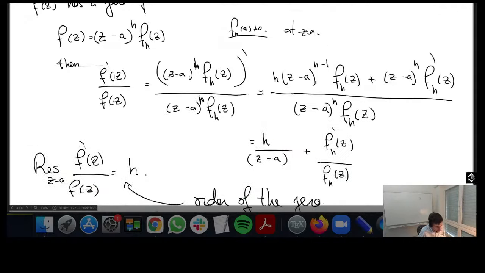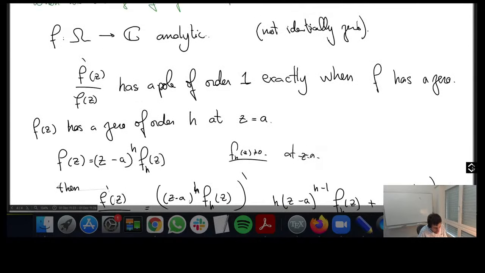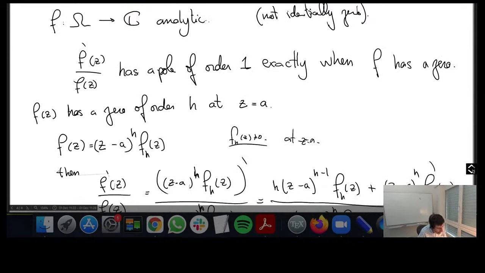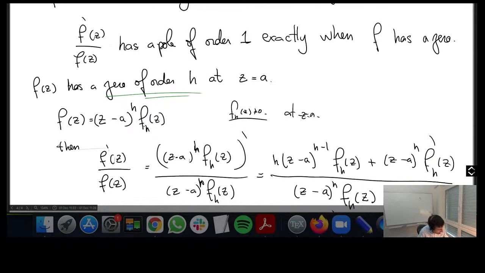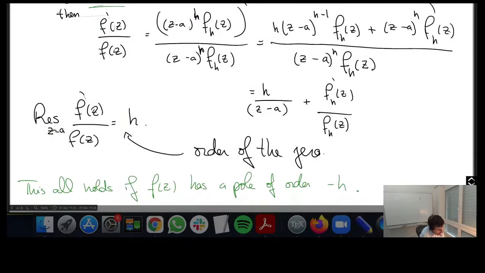Because the whole thing still goes through. If f of z instead of a zero has a pole, now not of order h but of order minus h, then the formula is exactly true. Because f has a pole of order minus h, we can write f this way, and the whole thing goes through.